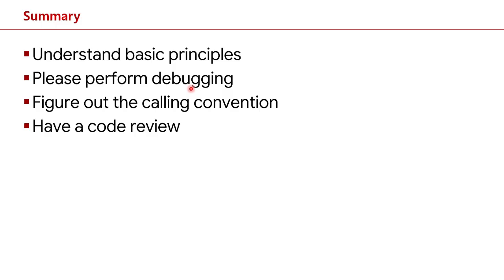Another important activity could be understanding the calling convention, because some of the general purpose registers could be used for special purpose, such as function calls. And the last important activity could be having the code review over U-boot or Linux kernel.